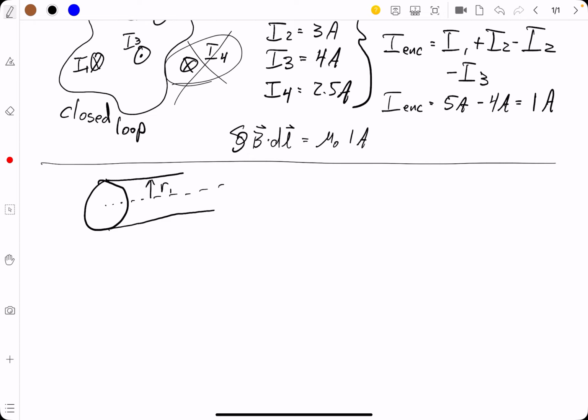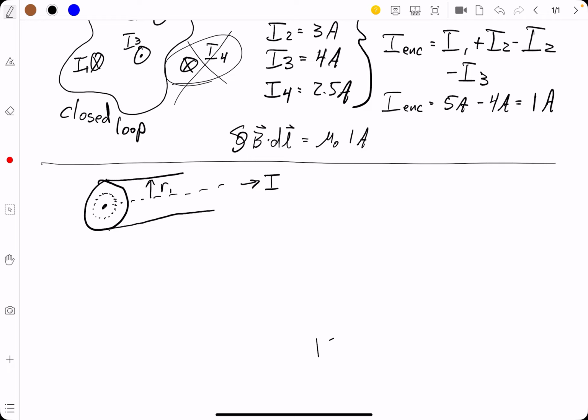R1. All right, and there's a current I running through this thing. And we want to know the B field if we draw our loop in a good circle all the way around the center.